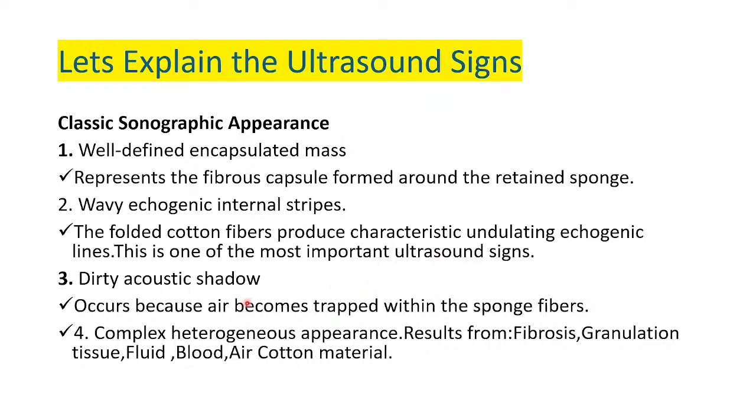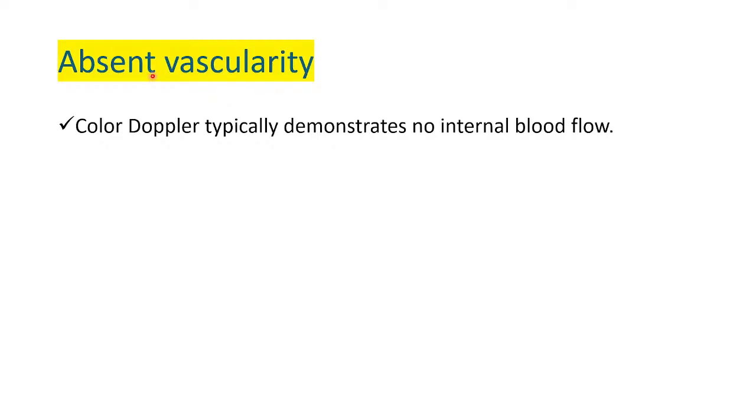Dirty acoustic shadow occurs because air becomes trapped within the sponge fibers. Complex heterogeneous appearance results from fibrosis, granulation tissue, fluid, blood, air, and the cotton material. Absent vascularity: color Doppler typically demonstrates no internal blood flow in a gossypiboma.